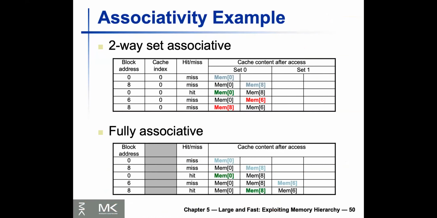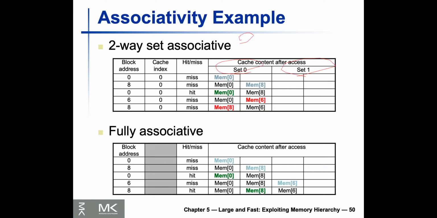All right. So now, having the same question, what if we had a two-way set associative or a fully associative cache, right? So we had again 0, 8, 0, 6, 8. For the two-way set associative, now what you need to compute is the set as well, right? You have 2 sets now.